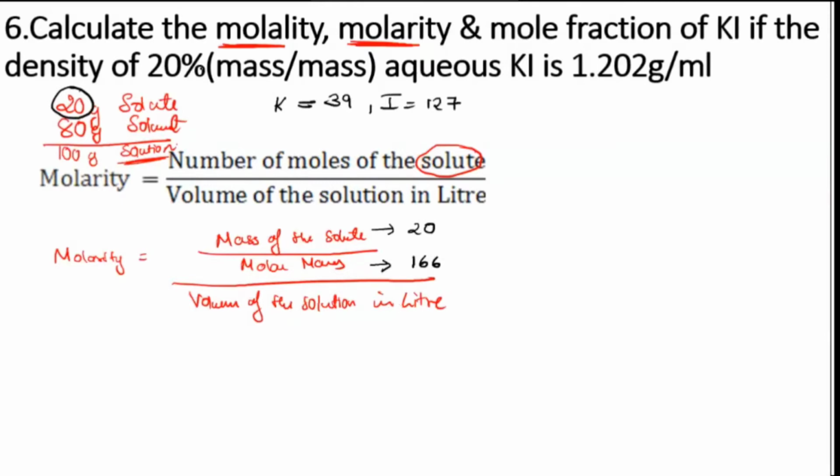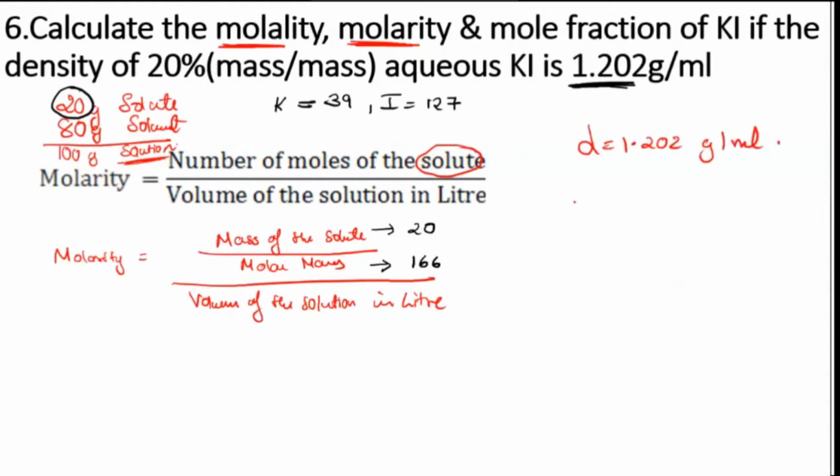You don't find any volume which they have given to you. But what is given to you here? Density is given. The density given to you is 1.202 gram per ml.